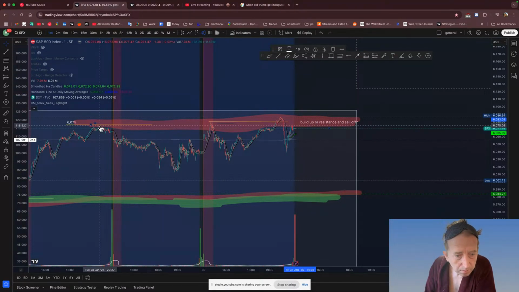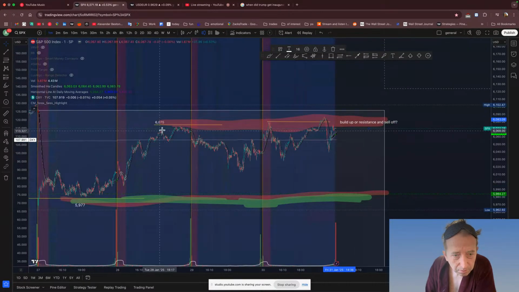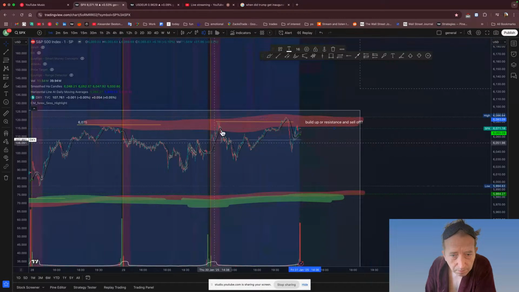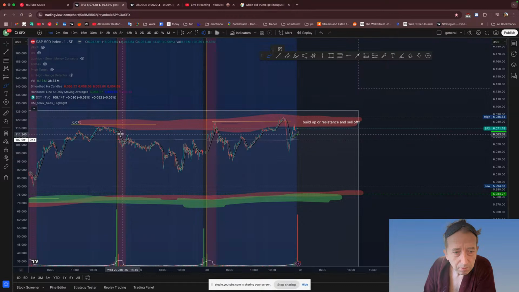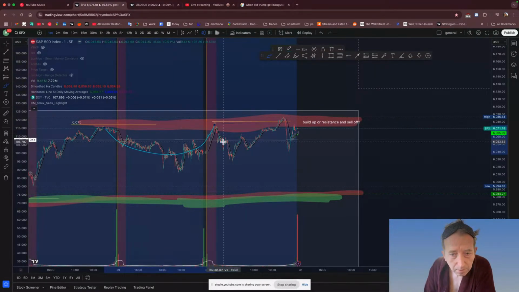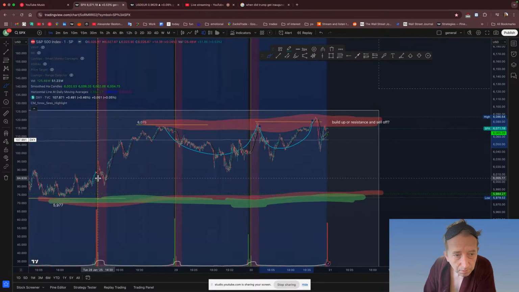If you look at this, they're always at the end of the day built up to the start of that, coming back up to that level. There's the high. There's the half pipe. It's another one.